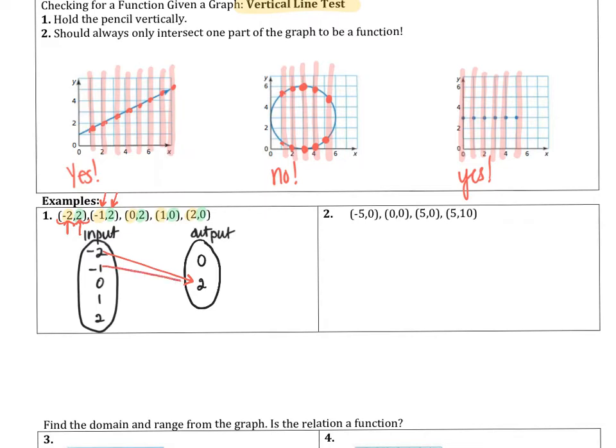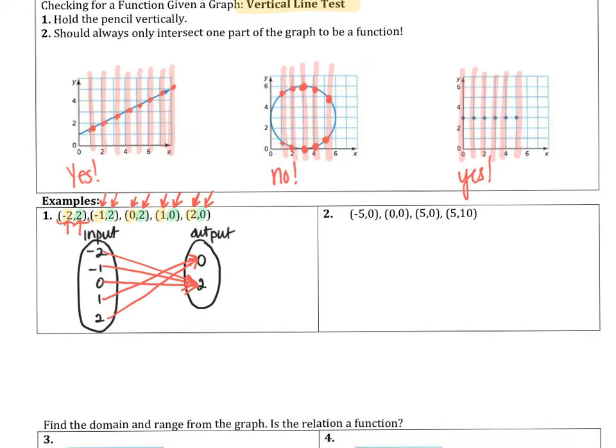Input 0, output 2. Input 1, output of 0. And input 2, output of 0.